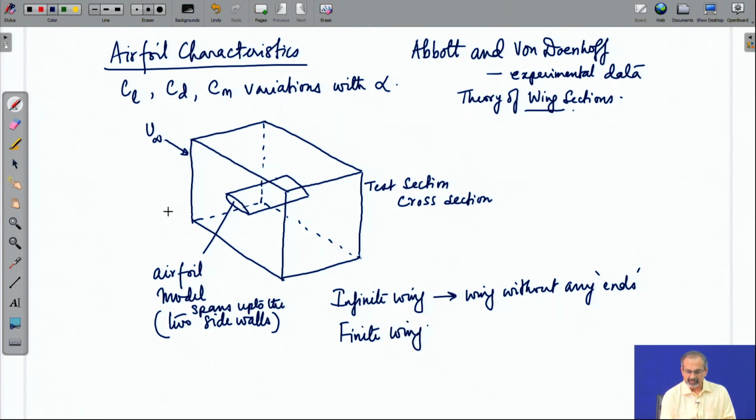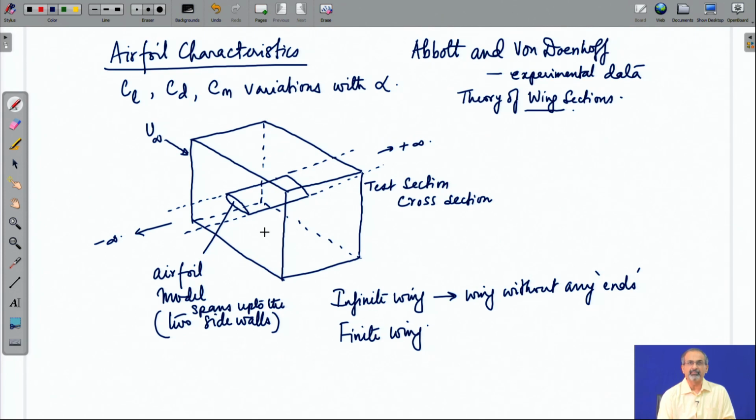Though strictly speaking, for an infinite section, the span should have also been infinite. That means, if this is negative infinity and that is positive infinity, then typically this section should have spanned to plus minus infinity, but that is not possible to do in a physical situation, and therefore, it is spanning up to the ends of the test section.